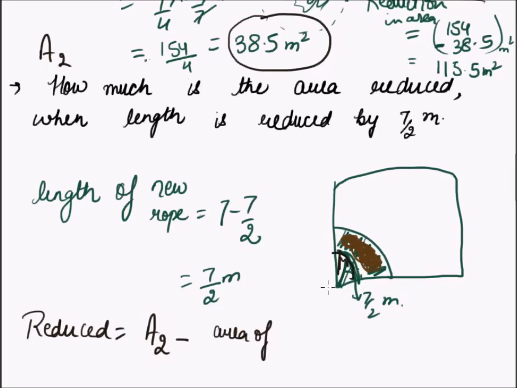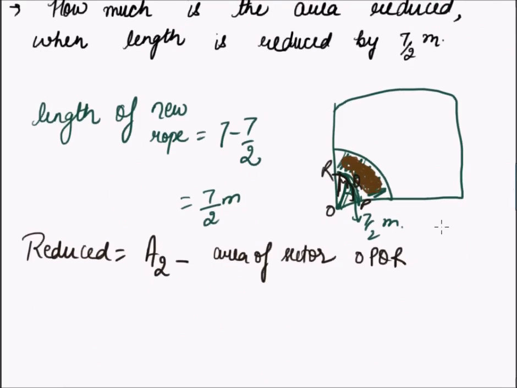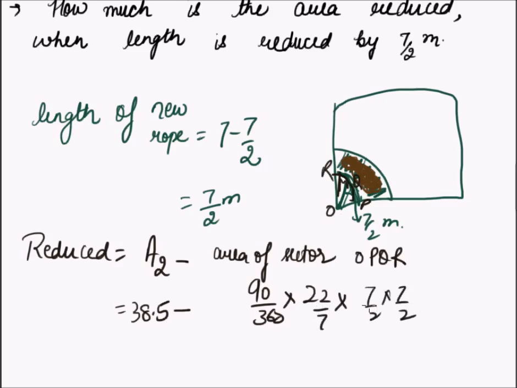So the reduced area will be A2 minus, if A2 is this 38.5 meters squared, minus this area, that is the area of sector or quadrant OPQR. Now it will be 38.5 minus 90 by 360 into pi, which is 22 by 7, into radius square, that is 7 by 2 into 7 by 2.